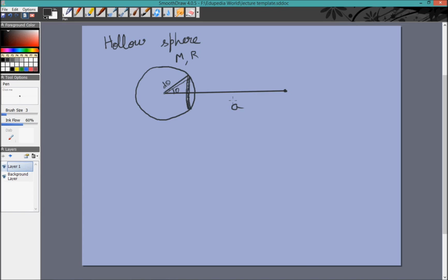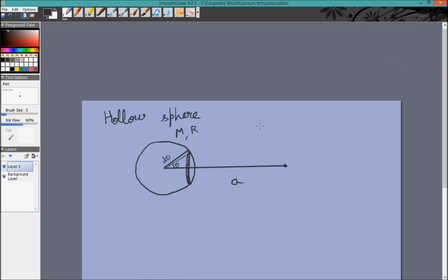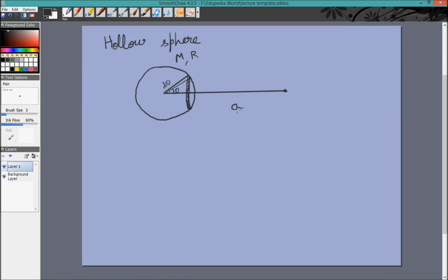The whole hollow sphere is made up of many circular rings like this. If we take theta to go from 0 degrees to 180 degrees, when theta is 0 we have a small ring at this edge, and when theta is 180 we have a small ring at the other edge. So theta going from 0 to 180 guarantees that I'm integrating over the whole surface.